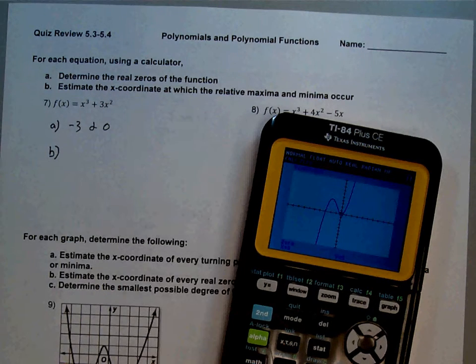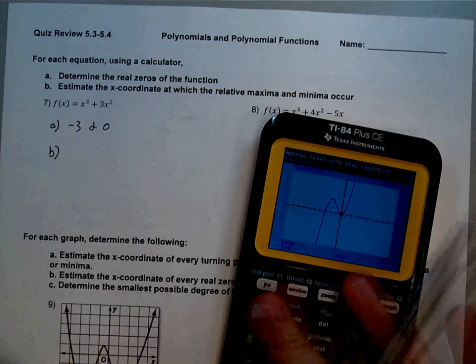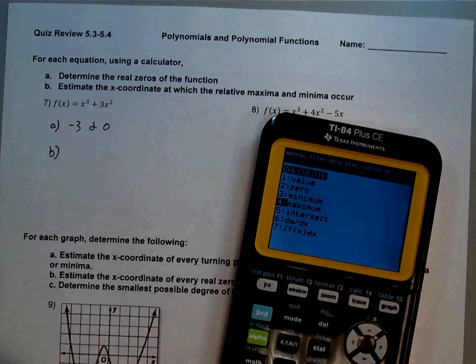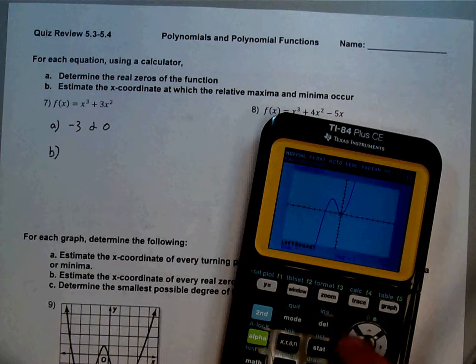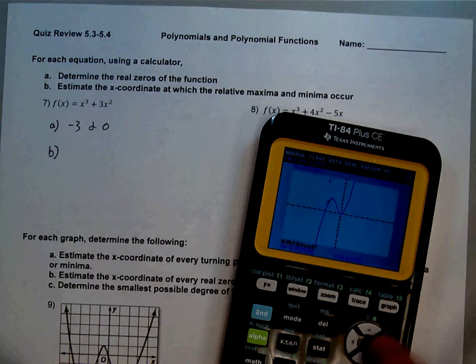Part B is talking about the relative maximums, relative minimums. Looks like we have a maximum over here, so I'm going to go back, check that. So I'm choosing maximum. Need to move to the left of the max. Max is at the top of a hill, so right here, about where my cursor is, that's about the maximum, so I move to the left of it. Hit enter, move to the right of it.